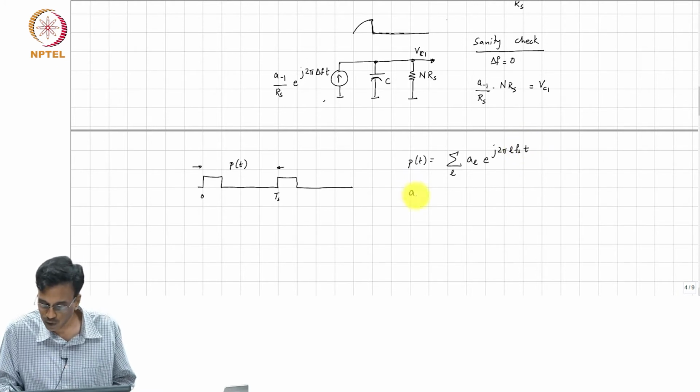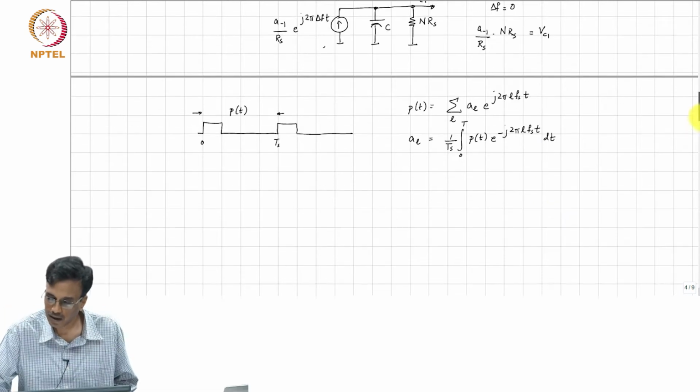And how do you find A L from P of t? It is 1 over Ts times the integral of P of t e to the minus j 2 pi L fs times t dt.